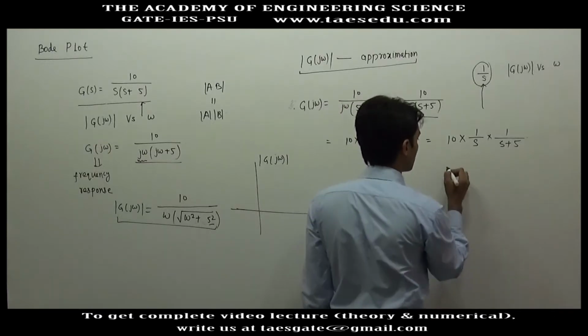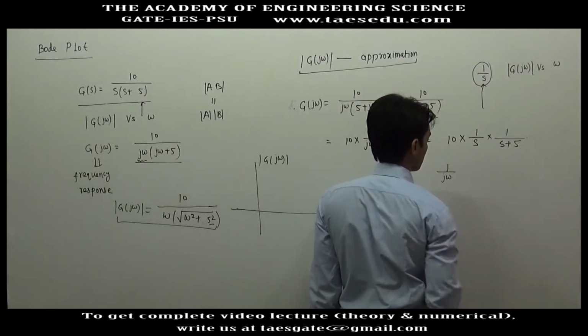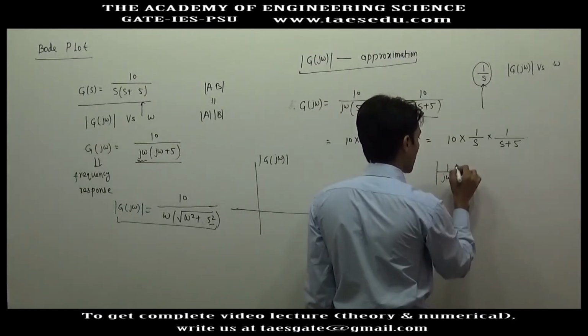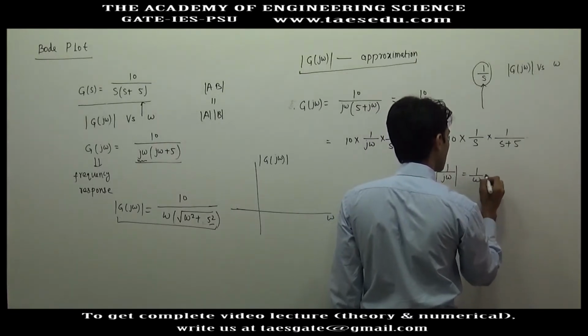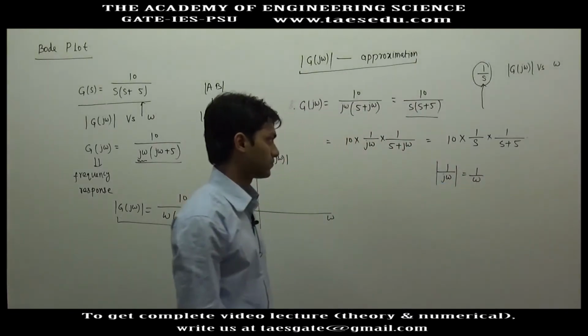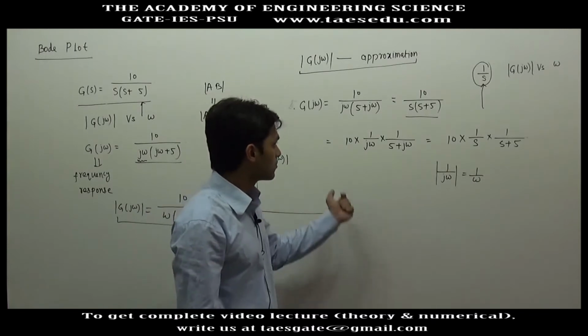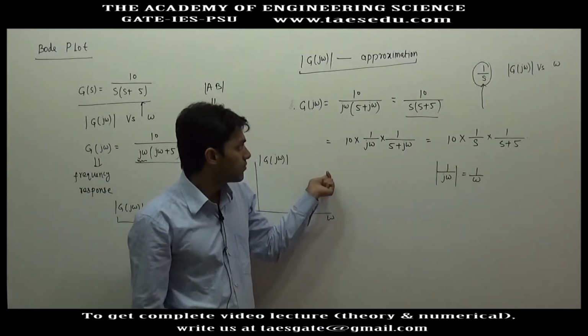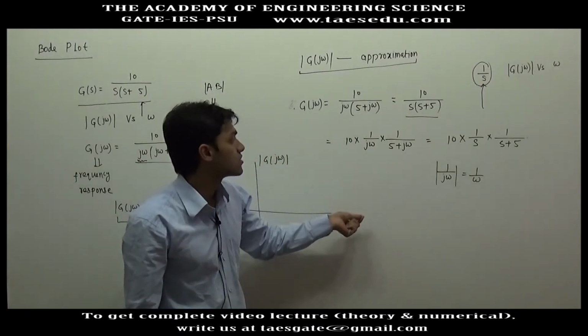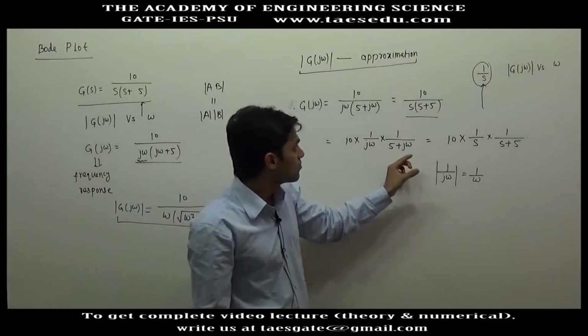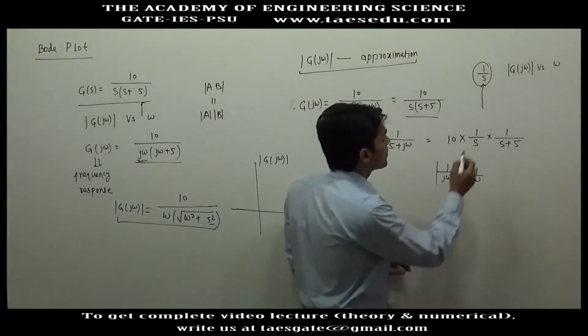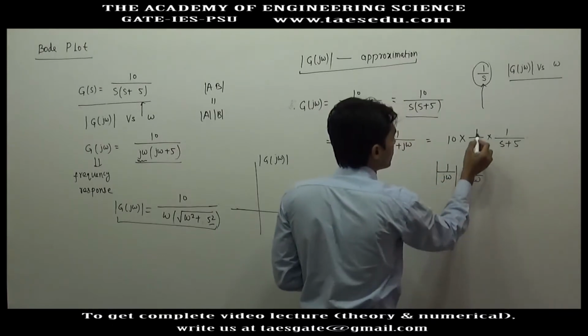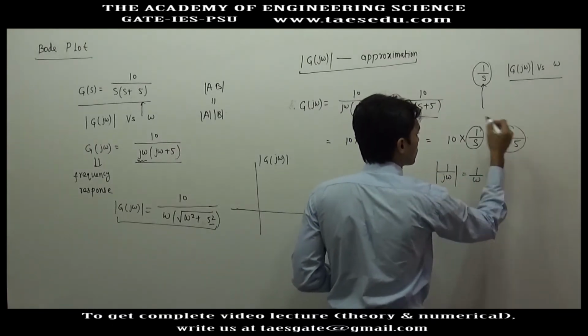What will 1 upon s be? This is 1 upon j omega, and if you take the magnitude, what you will get? 1 upon omega only. Okay, so we will observe in the examples also that plotting this graph for an individual block is very easy.